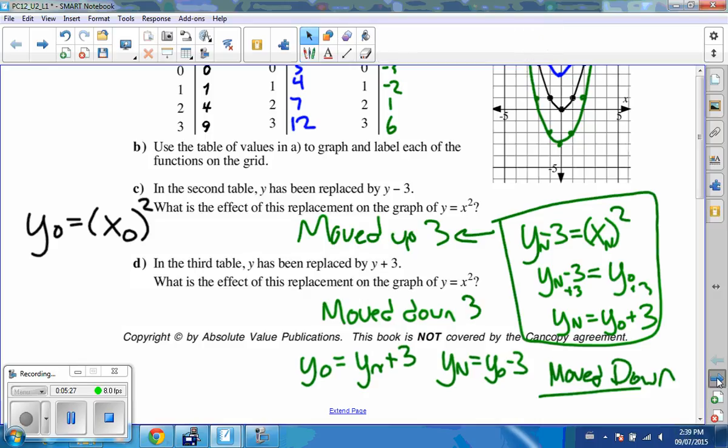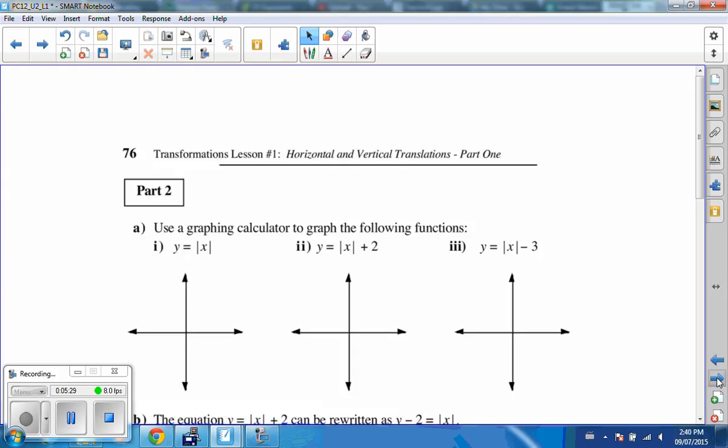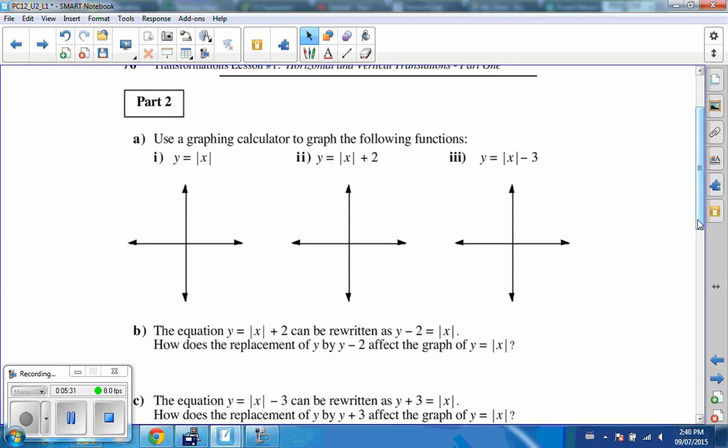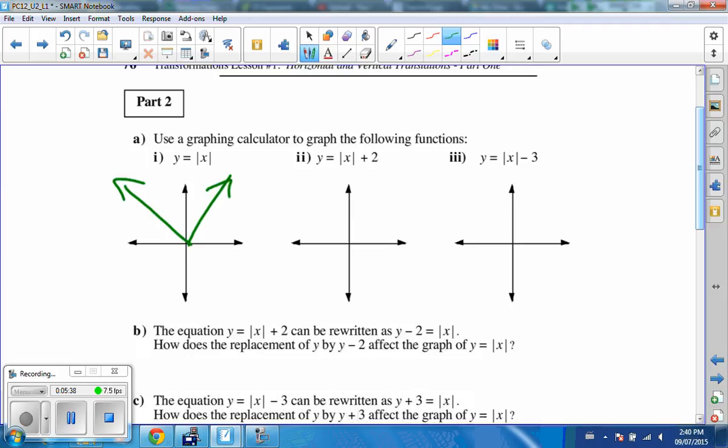All right. We are now going to demonstrate this. If you just type these in your graphing calculator, there's that one. There's that one. Oh, I'm actually doing it wrong. Here's that. And there's that.